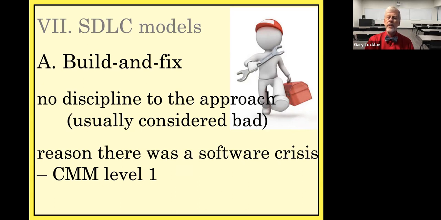CMM level 1 is the worst. CMM level 1 says this: you have no idea how the process of software goes. If you were asked to recreate this exact same product immediately after you built it the first time, you couldn't do it. You couldn't recreate it because you have no structure, no framework, no documentation. You have no idea what you're doing. CMM level 1, bad.